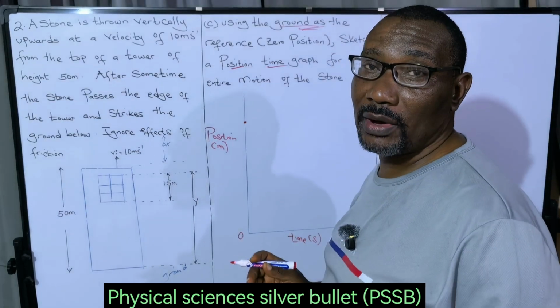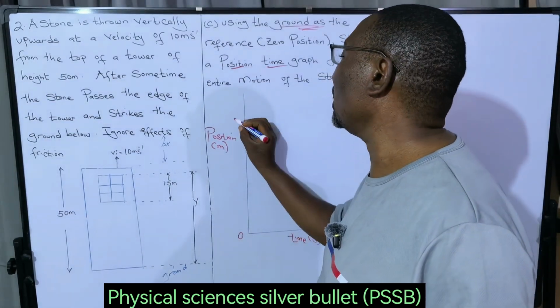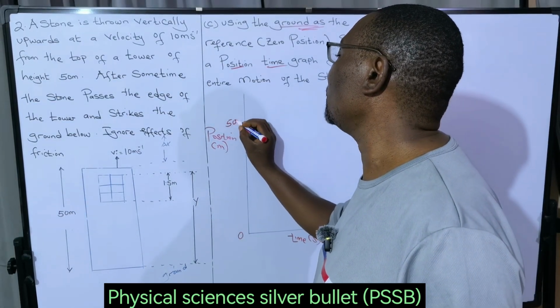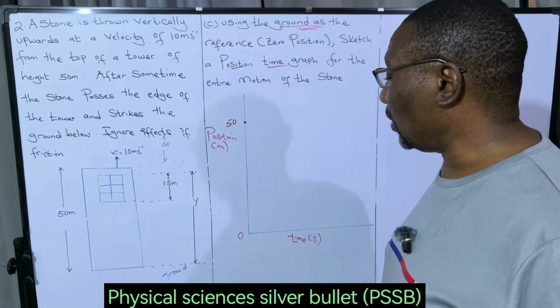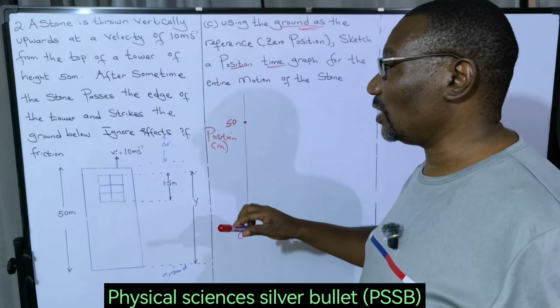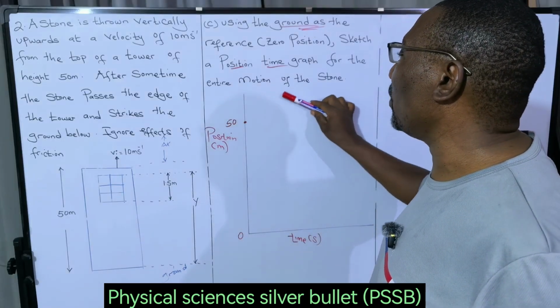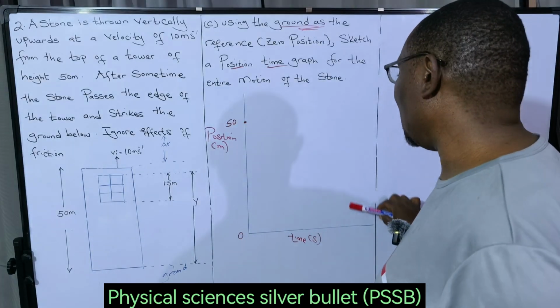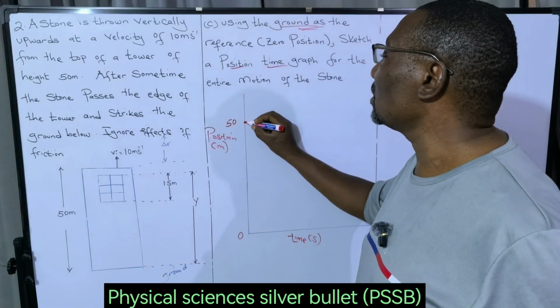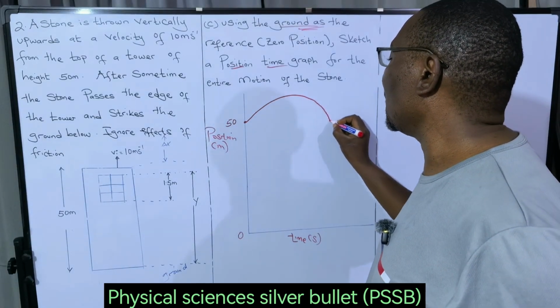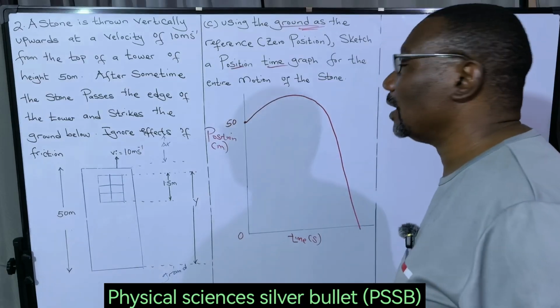That's going to be our point of projection, so we indicate it as 50 meters. Now we have the trajectory. The stone went upwards, reached maximum height, and came down. We draw that. So it went like this, like that, and came down.